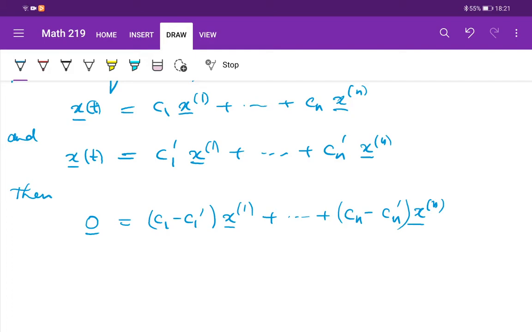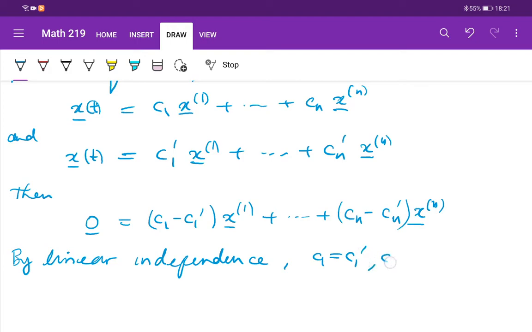So by linear independence, c1 equals c1 prime, up to cn equals cn prime. Okay, so that's the end of the proof.